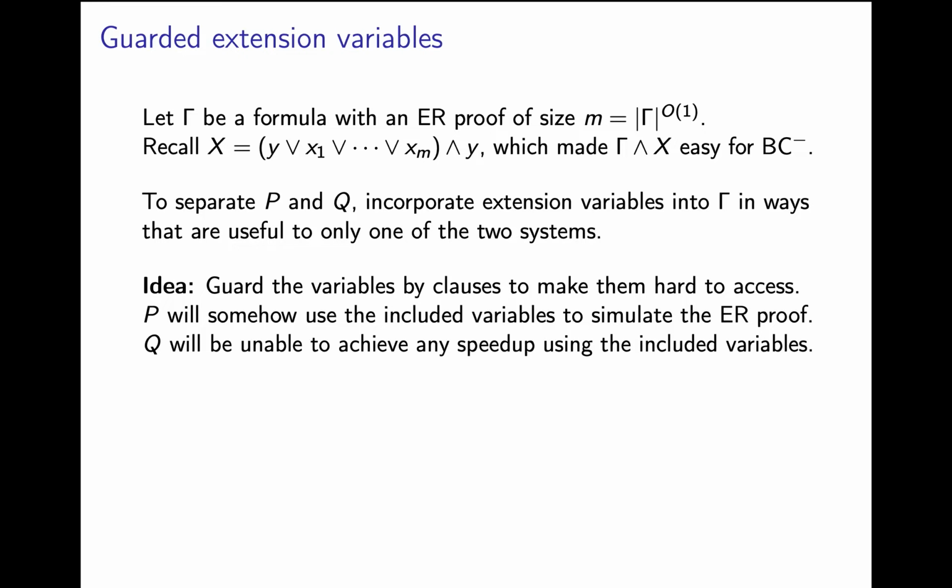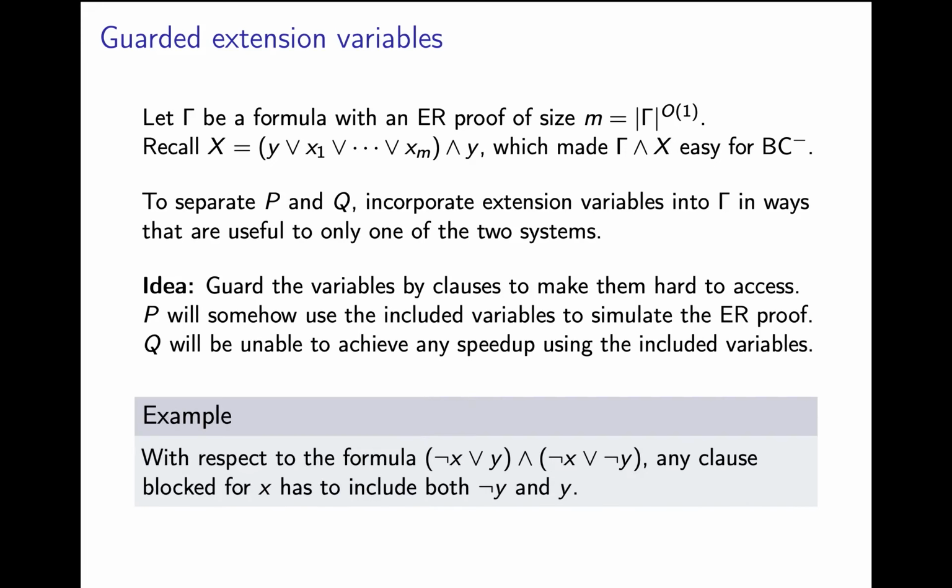This is made possible by the fact that syntactic redundancy rules require some conditions to hold for every single clause in the formula. So we can guard the new variables by some evil clauses, which can only be overcome by some of the systems. Here's a simple example of what I mean using BC-.